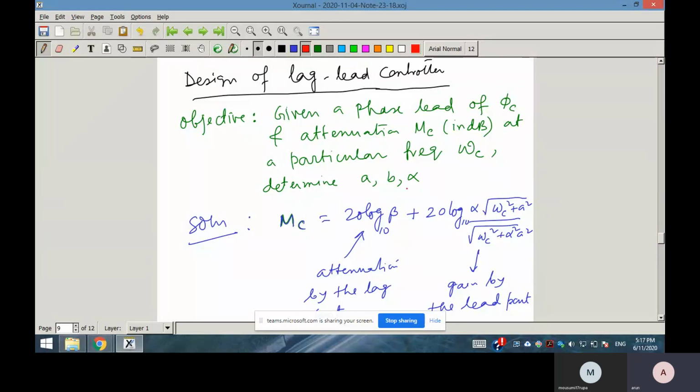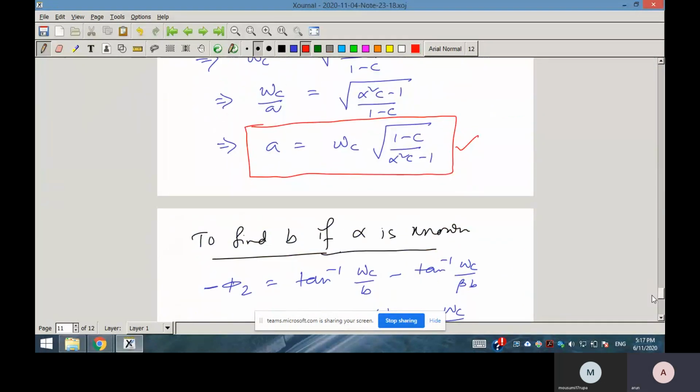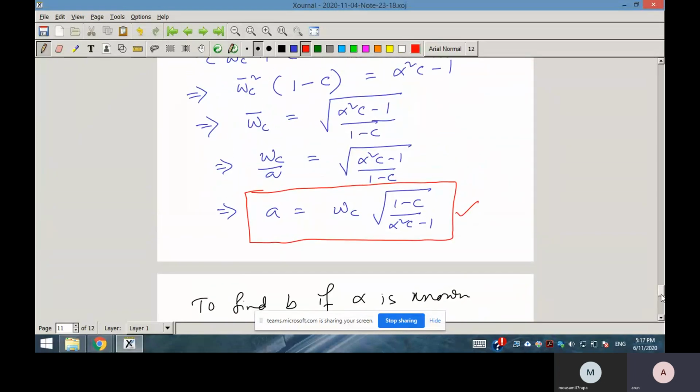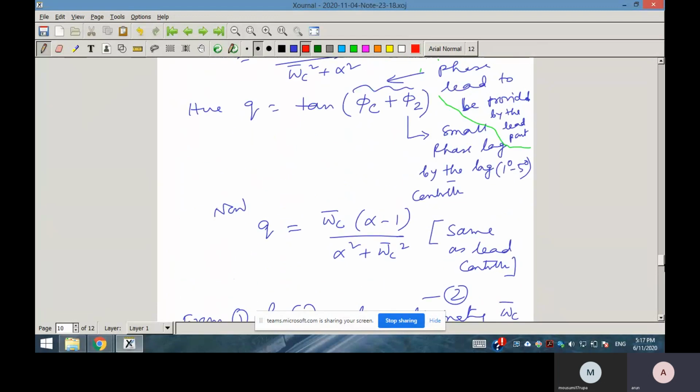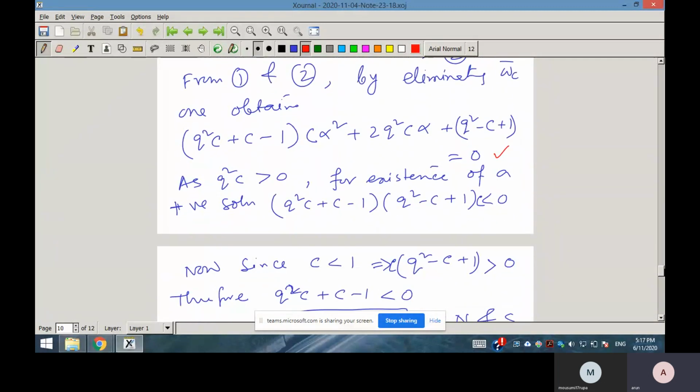So that's why A, B and alpha are needed. What do you have to do first? You have to solve this quadratic equation first.